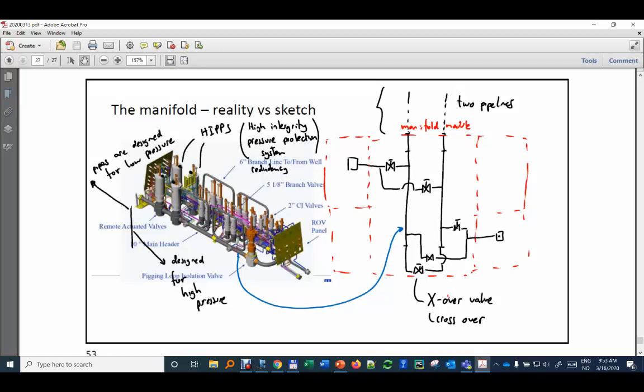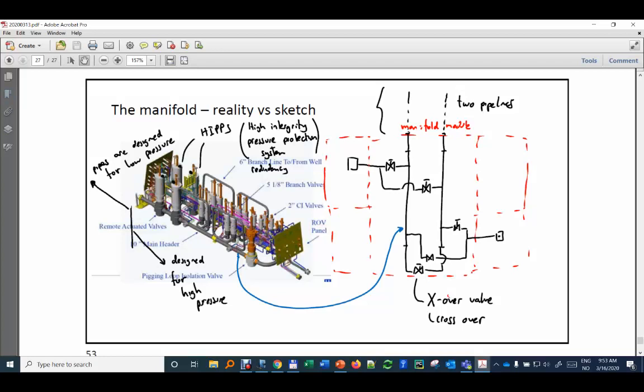Here we have just one, and inside, if you follow this pipe, it splits, and then you have two routing valves, which are these two here, and they look big because they have the actuator. They can be operated with an ROV on this side physically, but they are usually operated with a hydraulic line.